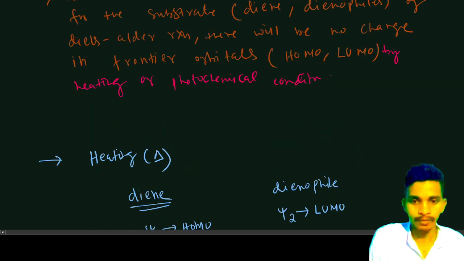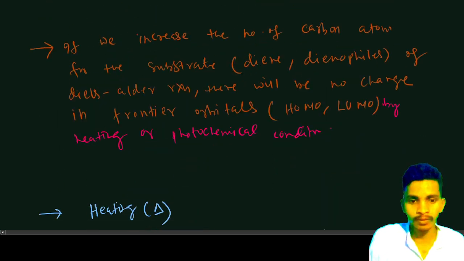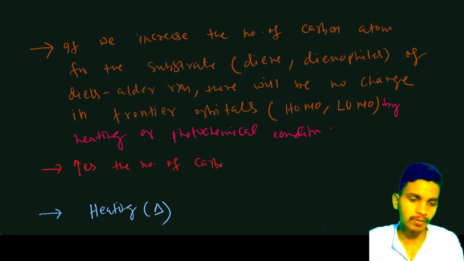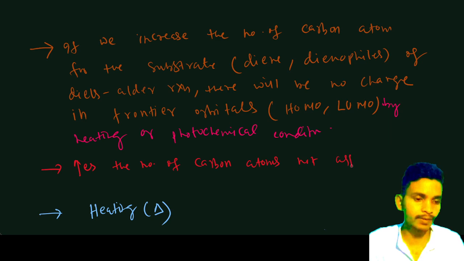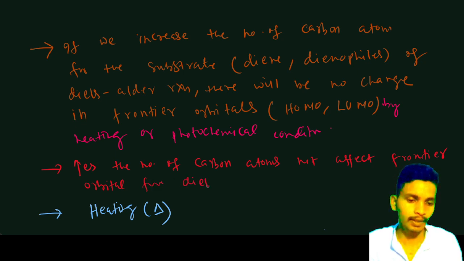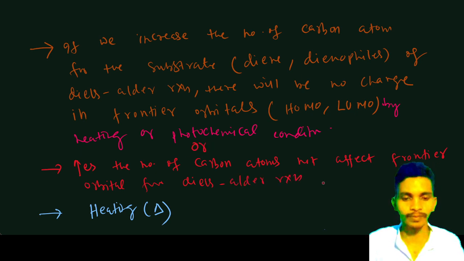You can write the shortcut here: increasing the number of carbon atoms does not affect frontier orbitals of Diels-Alder reactions, this one or this one.